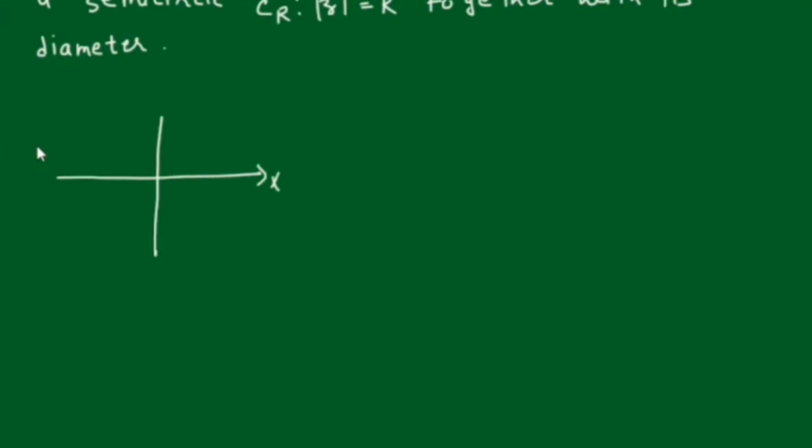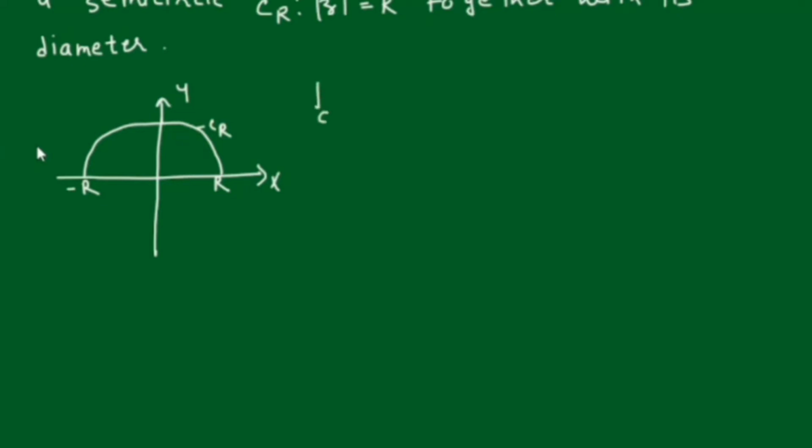It is real axis, it is imaginary axis. So our contour will be like this. I am sorry for my poor drawing. It is diameter from minus r to plus r and it is a semicircle CR. Okay.